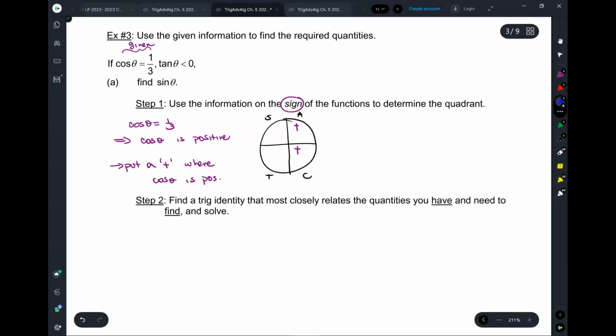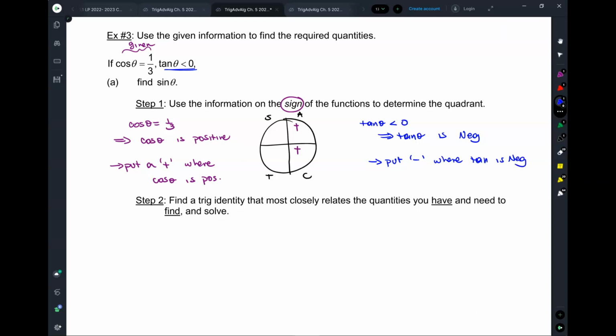Next I'm given tangent of theta is less than 0. Less than 0 means tangent is negative. So you want to put a minus sign where tangent is negative.